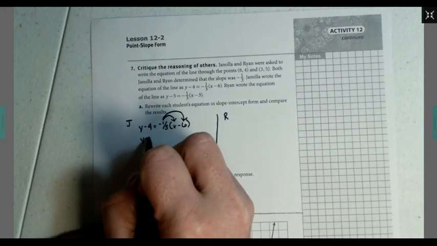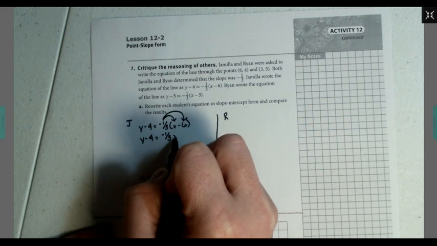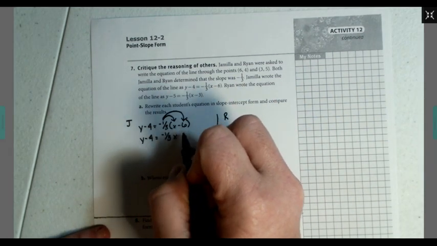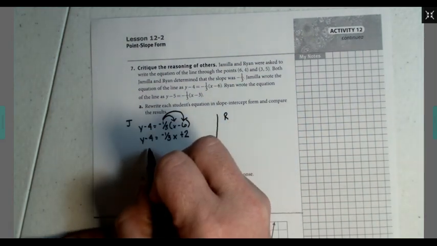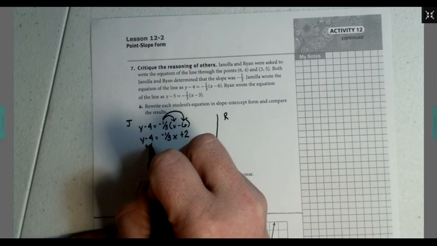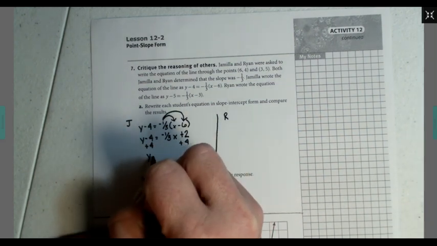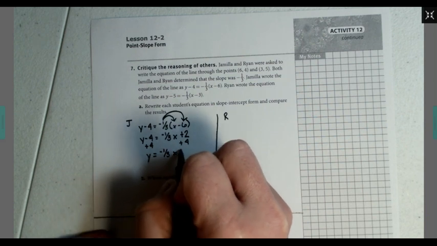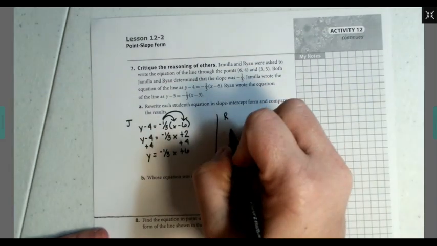So I have y minus 4 equals -1/3 x, and -1/3 times -6 is a +2. Now we're going to add 4 to both sides of our equation. I'm left with y equals -1/3 x plus 6.